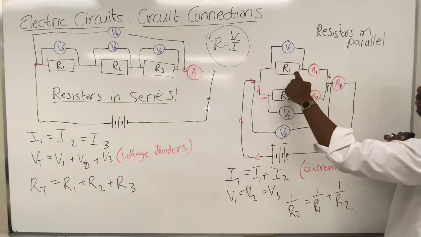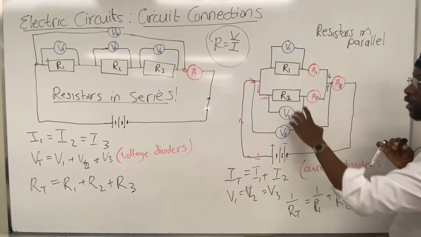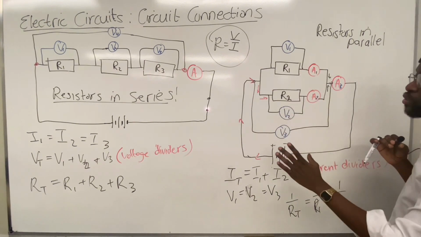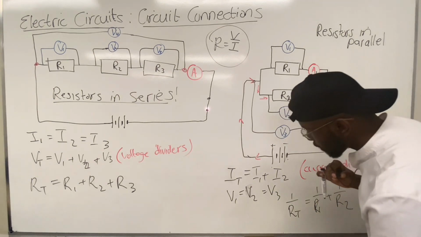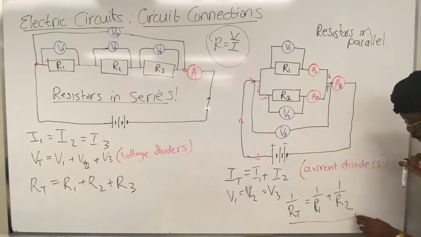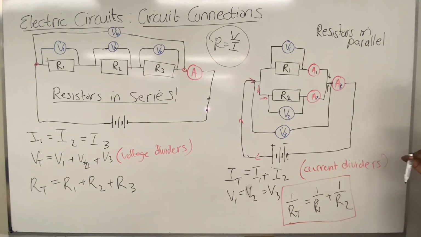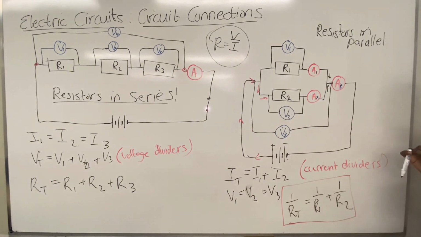Even if we put the same type of resistor, to find the total we cannot just add them. Because they are connected in parallel, we will calculate them using this formula. And then once you add them, you can invert.